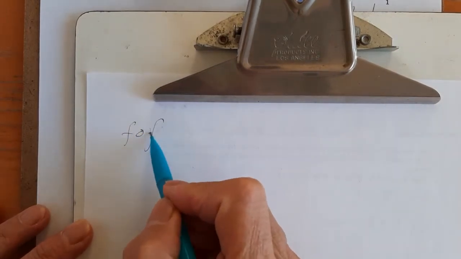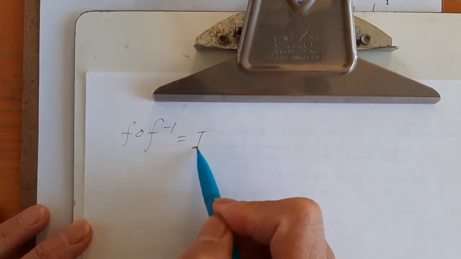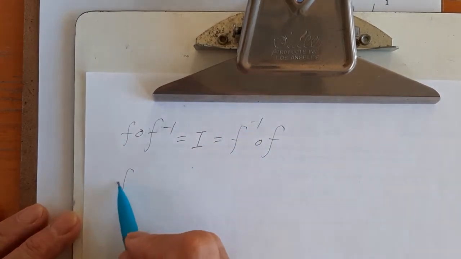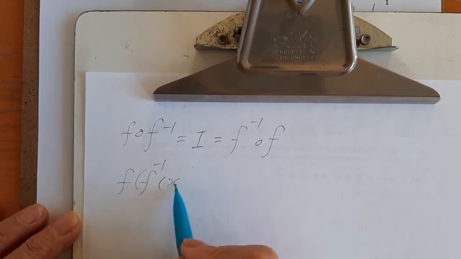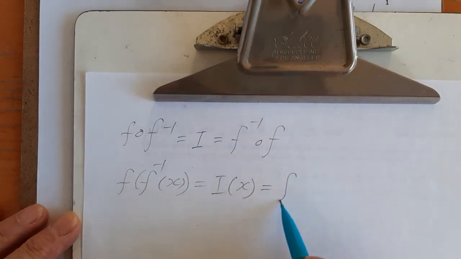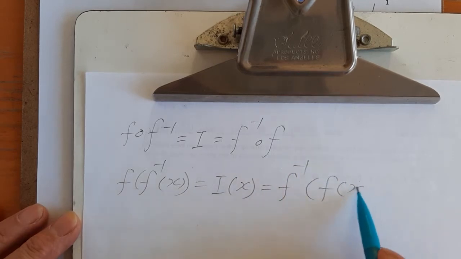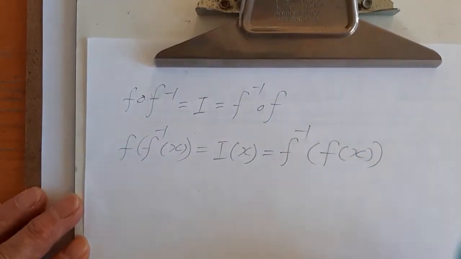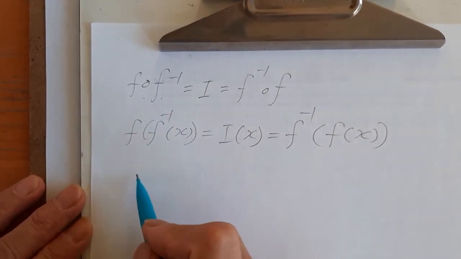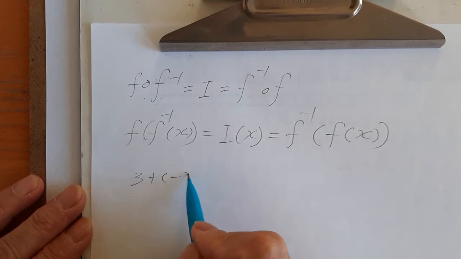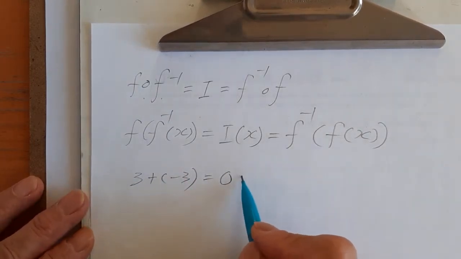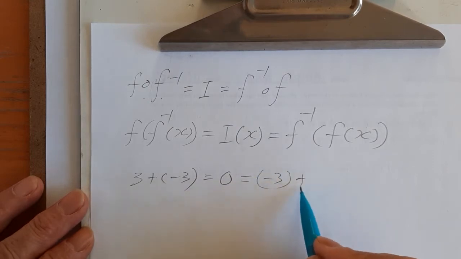The composite equals the identity function, which is f of f inverse of x equals I of x equals f inverse of f of x. Then we call the two inverse to each other, like 3 add negative 3 equals the identity element 0 of addition, equals negative 3 add 3.